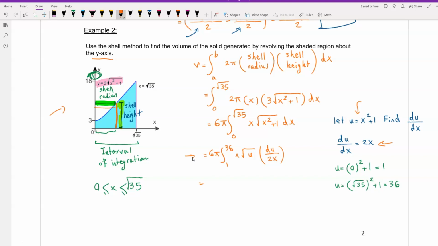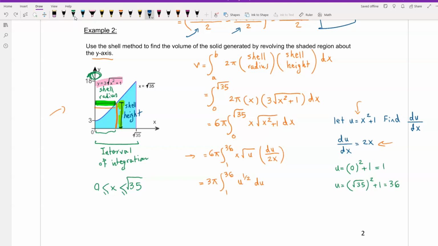So we can simplify 6 divided by 2, which is in the denominator, and we have 3 pi times the integral. Then we can simplify x divided by x. What's left is the square root of u times du.